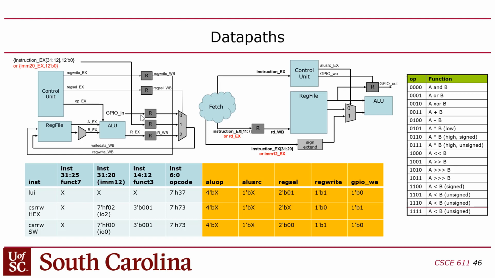But if I have CSRW with the hex display, that's an output, then the reg write is actually 0, and the reg select is a don't care. Because if you're not writing a register, no one cares what you're putting into the write port on the register file, because it's going to get ignored. You guys with me? Because if you don't write the register file, then it will ignore the data being sent into it. So the reg select is a don't care, reg write is 0, but there's this GPIO write enable signal.